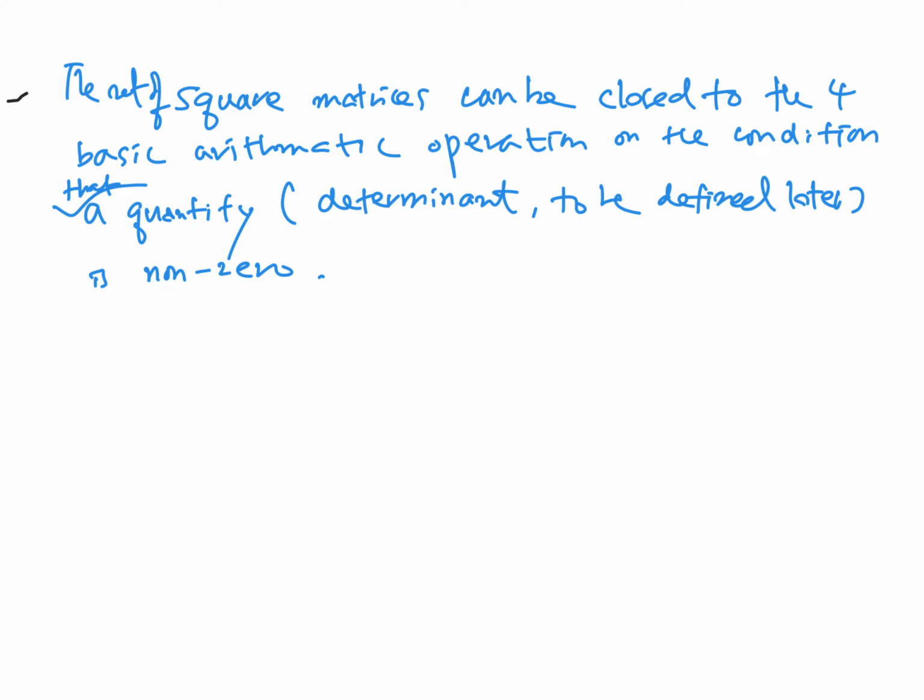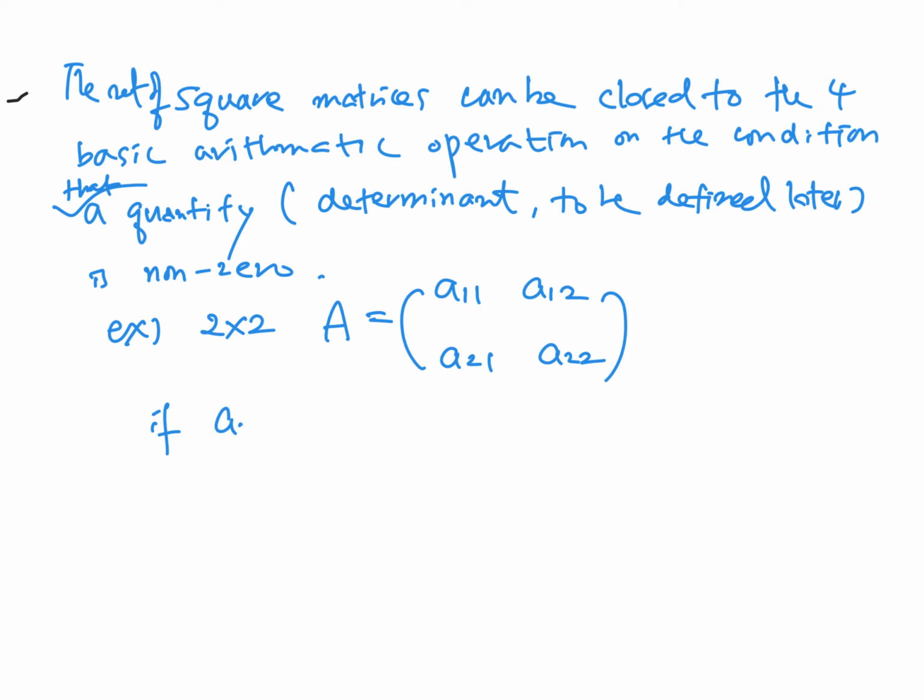For example, for 2 by 2 matrices, matrix A, A11, A12, A21, A22, if A11 A22 minus A12 A21 is non-zero, then we can define inverse matrix, which actually corresponds to the division of matrices.